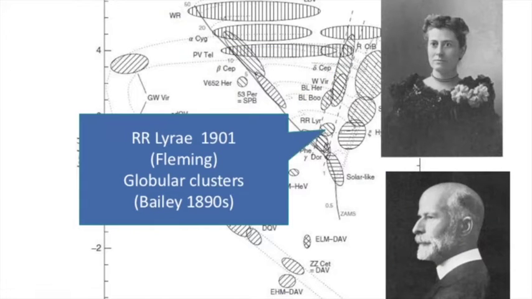How about RR Lyrae stars, stars dear to my heart? Periods of about half a day, giant pulsators, typically 4 to 6 times the diameter of our own sun. And their story goes back a little more than a century, with 2 Harvard College Observatory astronomers, one working with globular clusters, Solon Bailey, you see in the lower portrait, and the actual discoverer of the prototype star, RR Lyrae itself, however, is Williamina Fleming, who you see in the upper portrait.